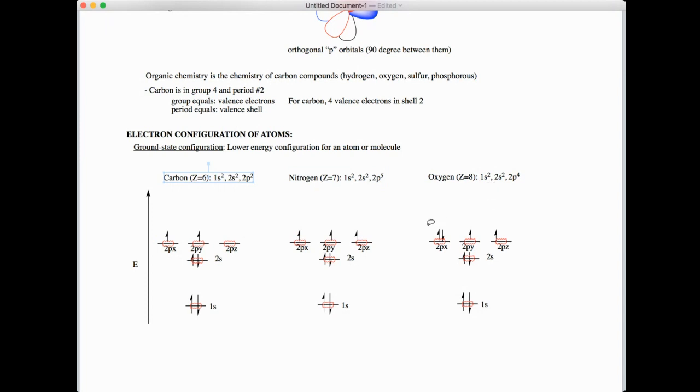So guys, something else that I want to show you here is, as I said, the maximum number of electrons is 7. So 2, 4, 5, 6, 7.